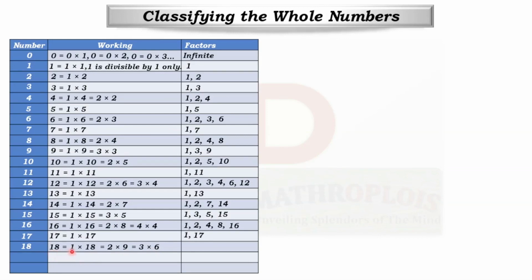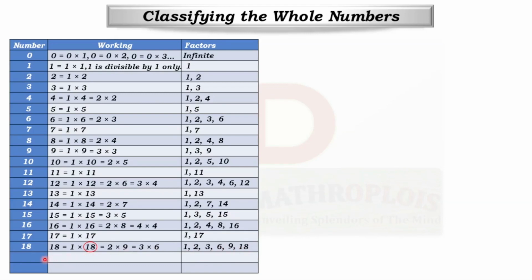In this case, first factor is 1, second factor is 2, third factor is 3, fourth factor is 6, fifth factor is 9, sixth factor is 18 itself. It means 18 has 6 factors, and these are 1, 2, 3, 6, 9, and 18 itself. So 18 has more than 2 factors.